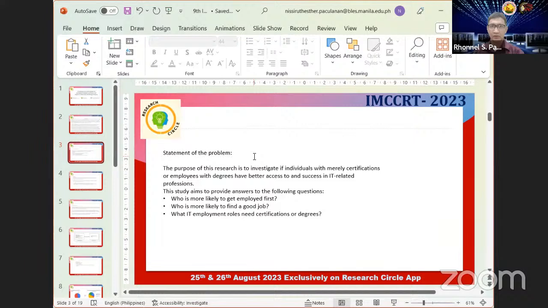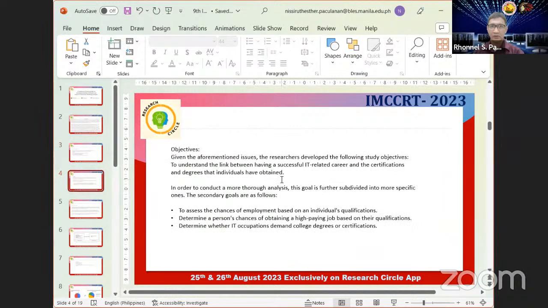This study aims to answer the following questions: who is more likely to get employed first, those with certification or a graduate of a degree, or maybe both? Who is more likely to find a good job? What IT employment role needs certification or degree?